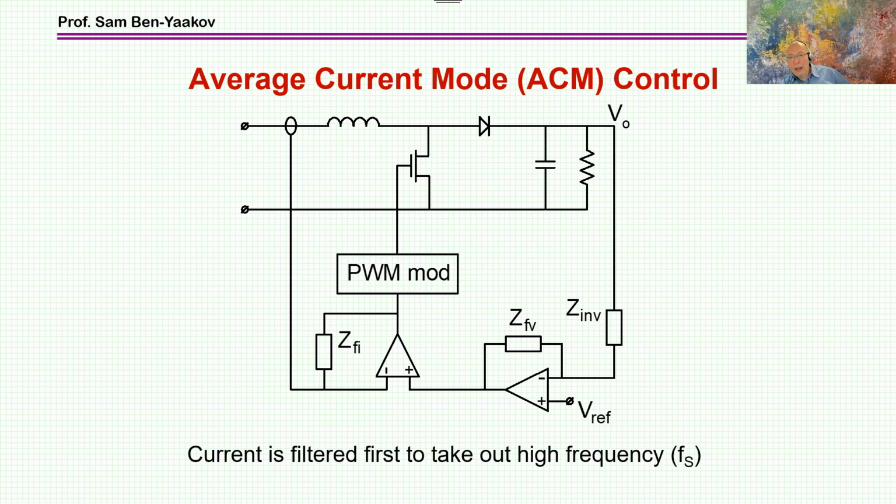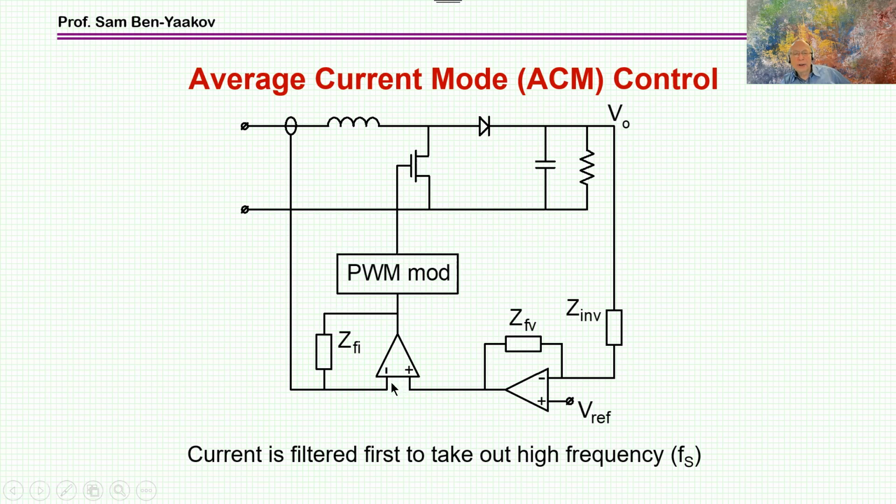But on the other hand, we don't have the subharmonic oscillation, because the subharmonic oscillation has to do with the slopes and the interaction of the slope with the limit. So it has the advantage of not having the interaction or the subharmonic oscillation, but then you lose the cycle by cycle.